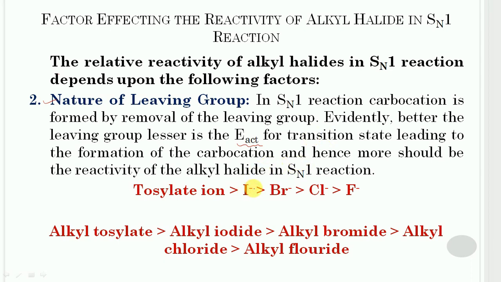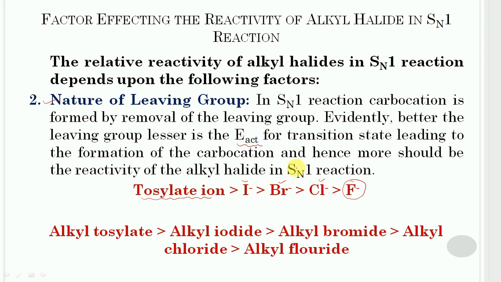The order of reactivity of different leaving groups follows the following sequence. Tosylate ions leave faster as compared to iodide ion, then bromide ion, then chloride ion, and the leaving probability of fluoride ion is the least.